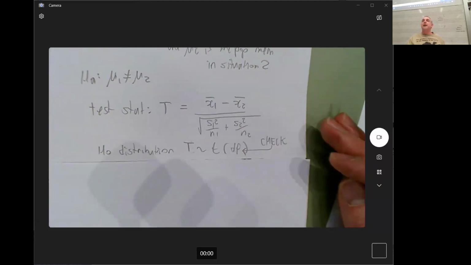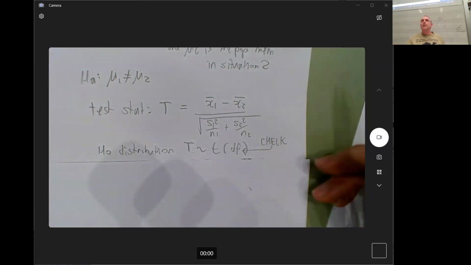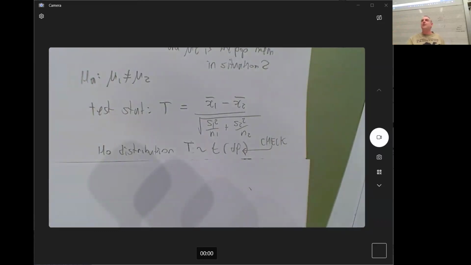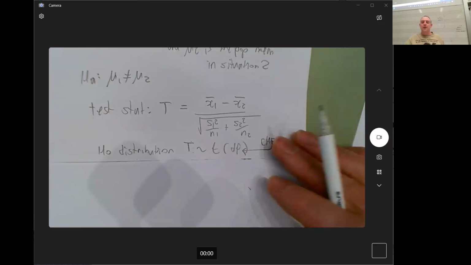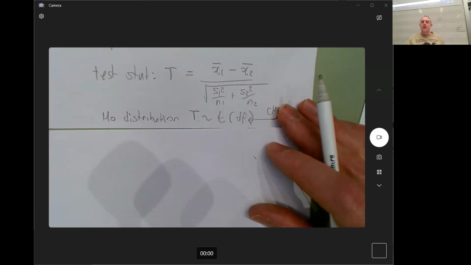And then the p-value would be the same. You'll look your t statistic up and you'll do the pt and times 2 and blah, blah, blah. The rest of it's the same. Sweet, that's the two sample t-test.